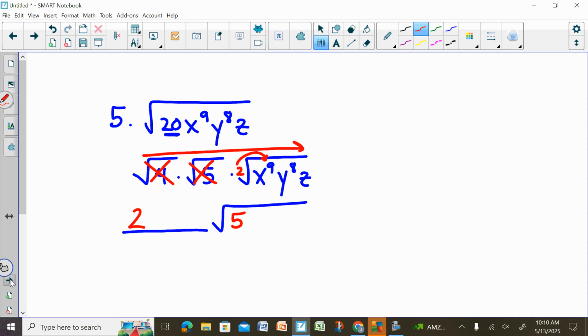Well, I notice that x to the 9th is odd, so I will have an x left over. 2 goes into x to the 9th 4 times, right? 4 times 2 is 8, with 1 left over x remaining. How many times does 2 go into 8? 4 times evenly, so there won't be any remaining y's underneath. And how many times does 2 divide into 1? It doesn't fit. So this leftover z has to stay inside.